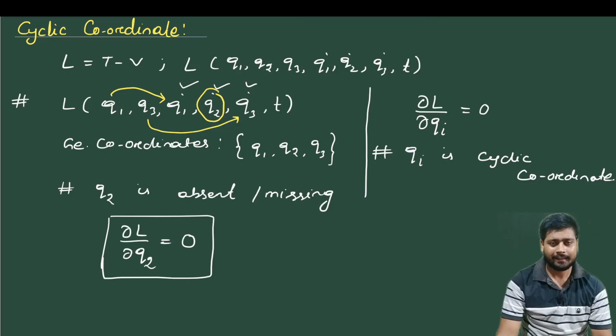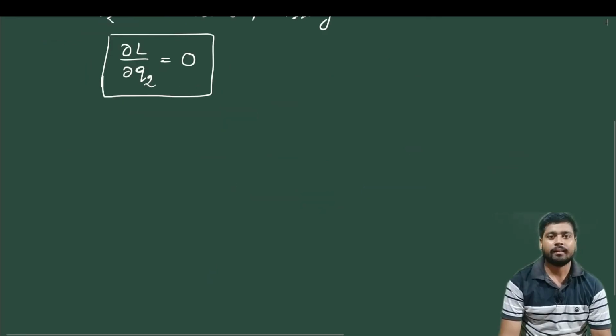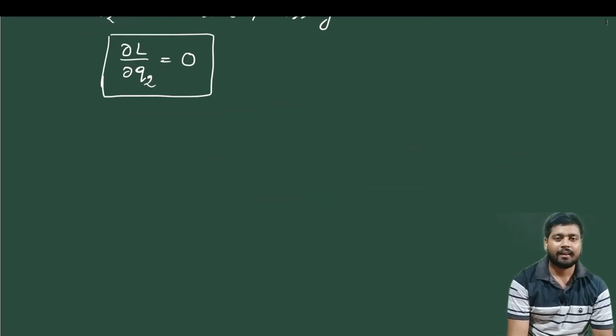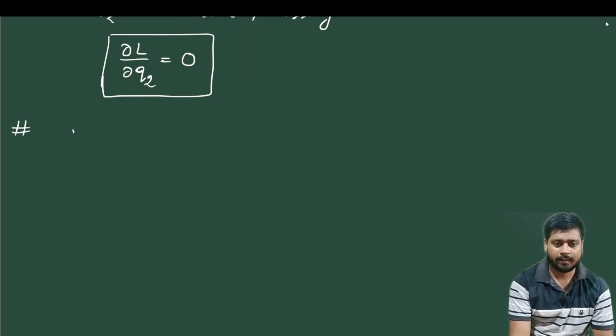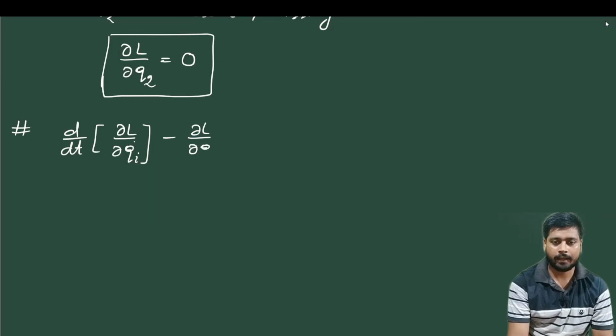Then we have the equation of motion. We all know the Lagrange equation of motion, that is d by dt of the partial derivative of L with respect to qi dot, minus the partial derivative of L with respect to qi, is equal to 0.